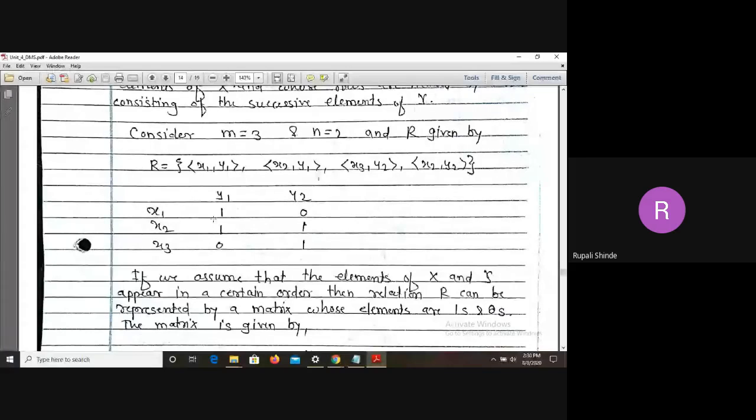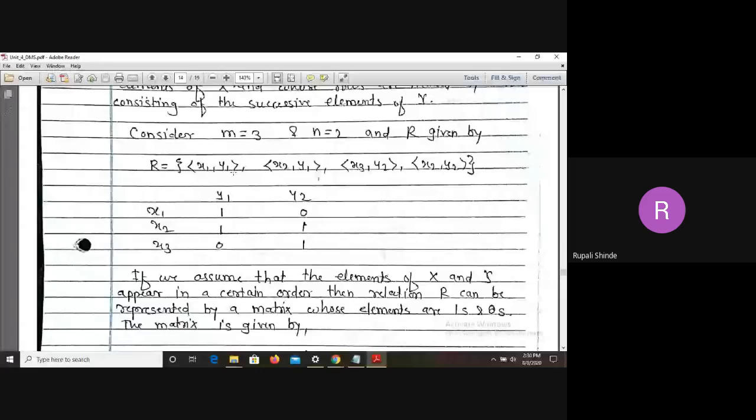First of all, we have to identify how many rows and how many columns will be there in the relation matrix. Now, as I said, the first element of each ordered pair will be the row and the second element will be the column.